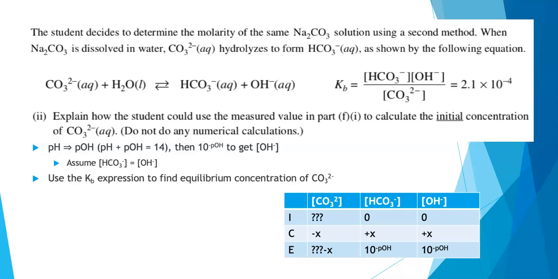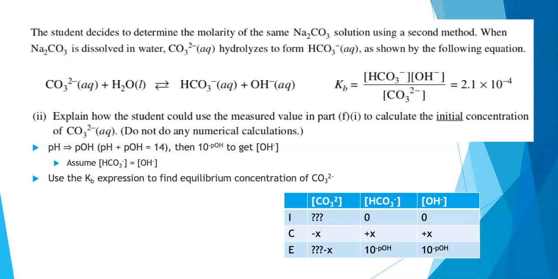We can also think about this from an ice table perspective, all right? I don't know the initial concentration of the carbonate ion, the hydrogen carbonate ions and the hydroxide ion concentrations, so we're assuming starting at 0. The system has to proceed in the forward direction to establish equilibrium. But from the pH, right, and what I just talked about, we can actually calculate the equilibrium concentrations of hydrogen carbonate and hydroxide ion.